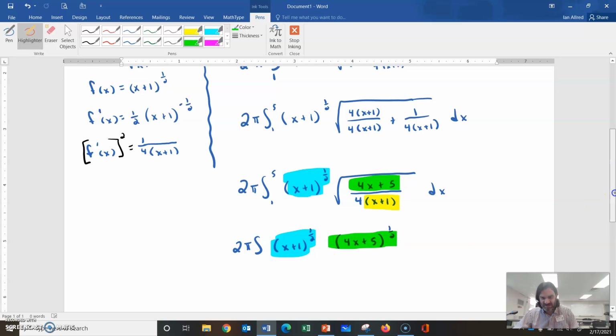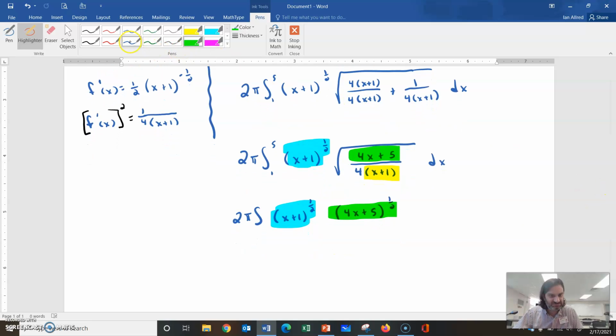And then there's going to be a denominator of 2, because that's the square root of 4, x plus 1 to the 1/2. So that's the yellow part down here. If I look at that and picture everything that I have there, and let's throw a dx over here.